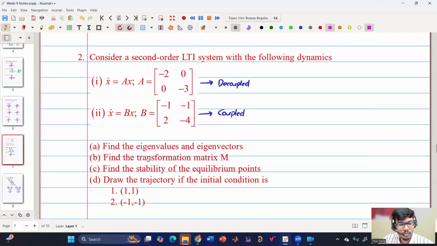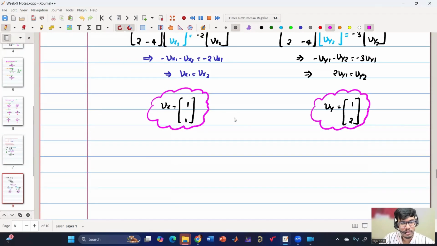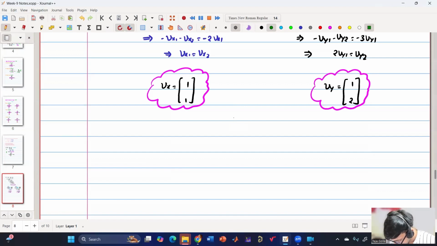So now can you tell me what is the transformation matrix M? How to calculate? Okay. So if you are not aware, let me just quickly explain about the transformation matrix.